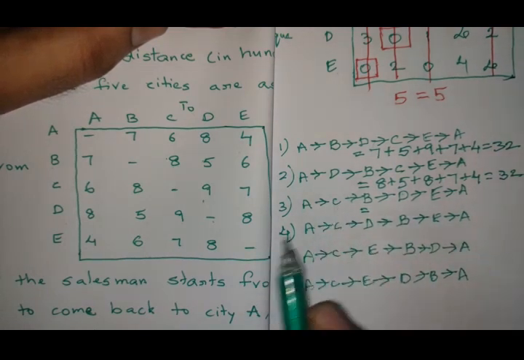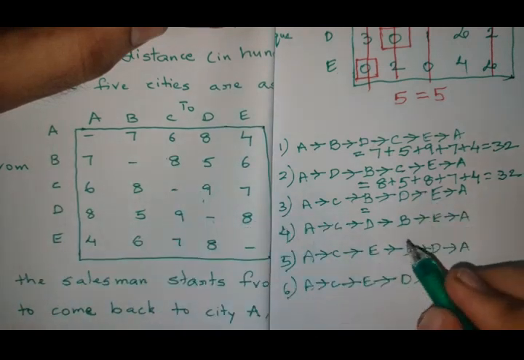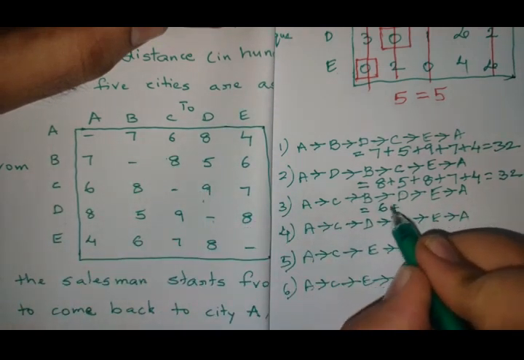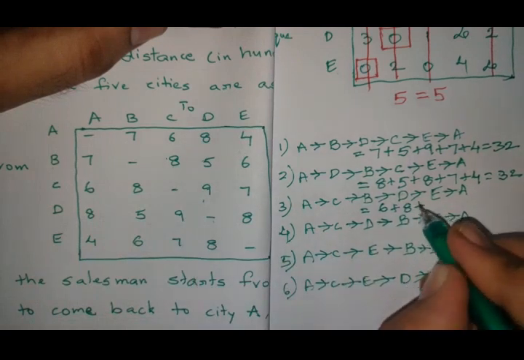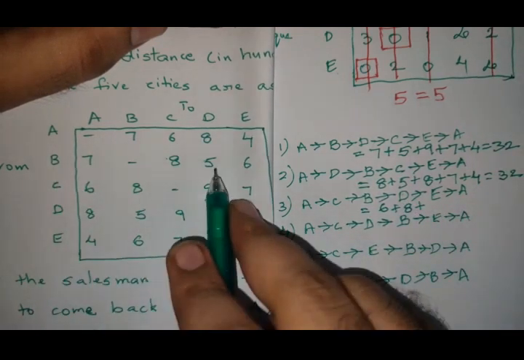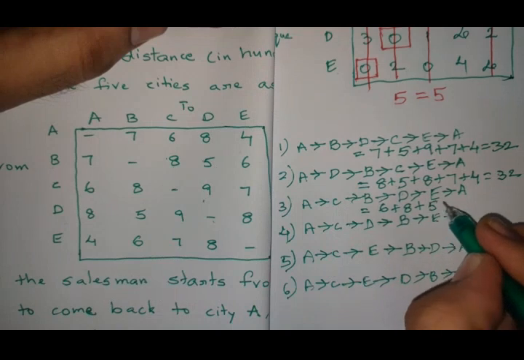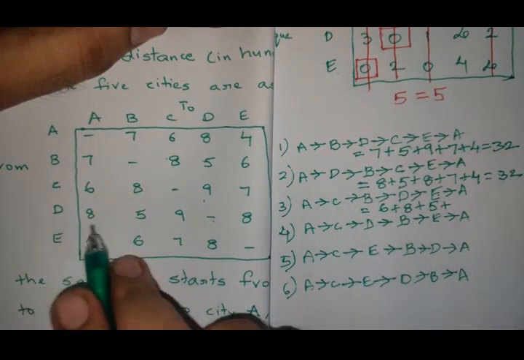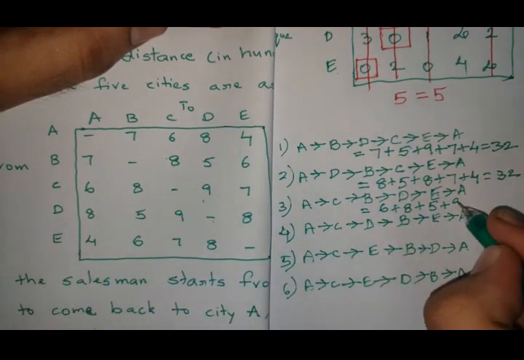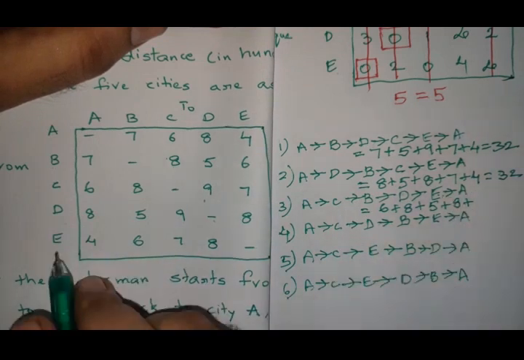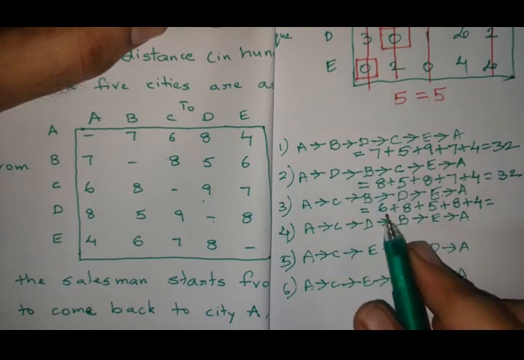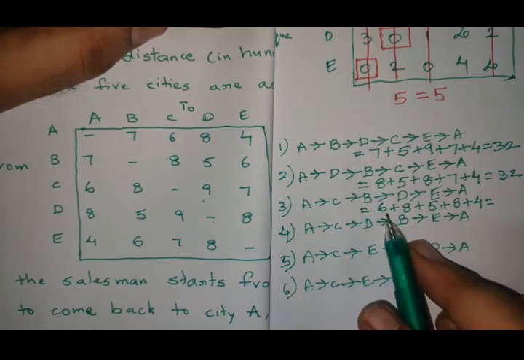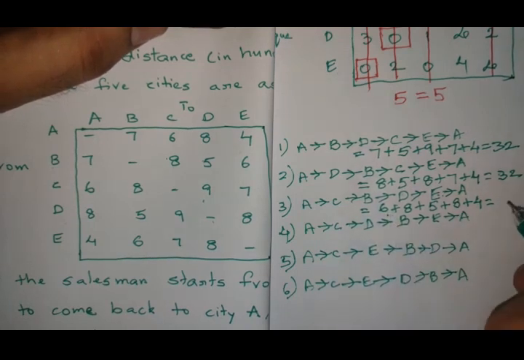Next, take the third route, A to C 6, C to B 8, B to D 5, D to E 8, E to A 4. Find the total, 3100 miles.